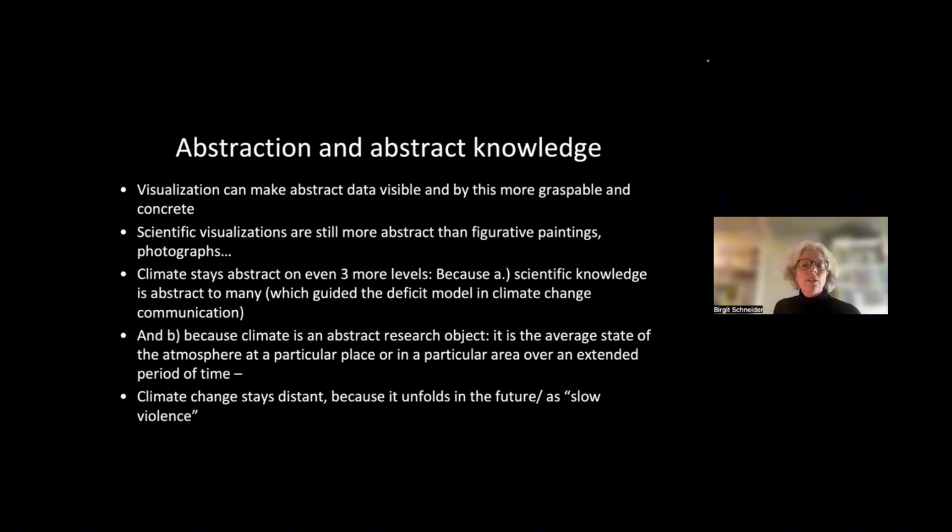This is not a question of knowledge, of understanding abstract knowledge. And B, because climate is an abstract research object in itself, it is the average state of the atmosphere at a particular place or in a particular area over an extended period of time. And I will show you a slide to go more deeply into this argument because this becomes political.